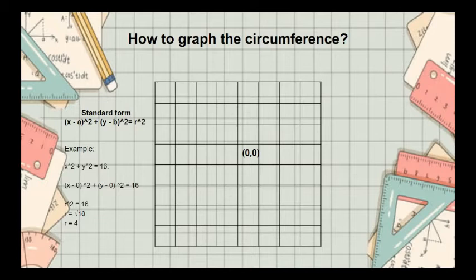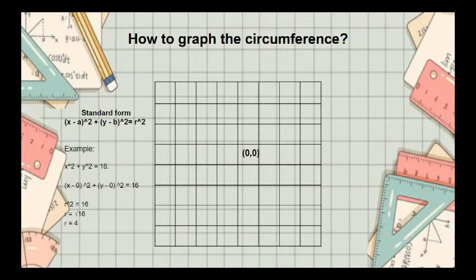In the example, note that you can write (x minus 0) squared plus (y minus 0) squared equals 16. You can see that a equals 0 and b equals 0, and the center of the circle is therefore at the origin, the point (0, 0).